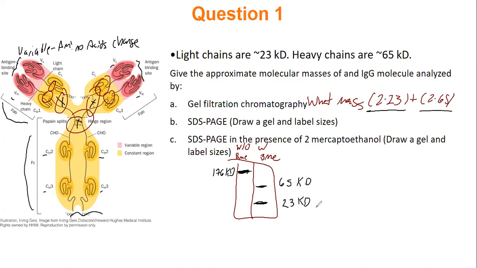Because the light chains are the same weight, the heavy chains are the same weight. So even though we have 2 light chains and 2 heavy chains, we won't see 4 bands. You would see 2 bands because we only have 2 different weights. Questions about that idea, further exploring the structure of our antibody?